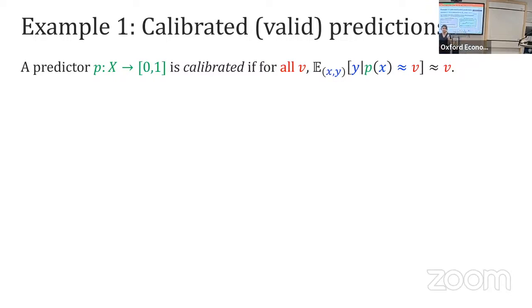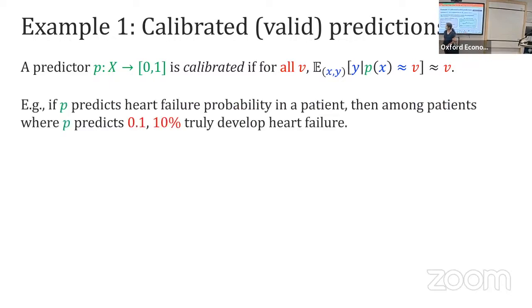You can think of it as a score between 0 and 1 that represents the probability of some outcome. For example, you might be trying to predict the risk of heart failure, and when I apply the predictor to you, it tells me the probability that you will develop heart failure in the next year.